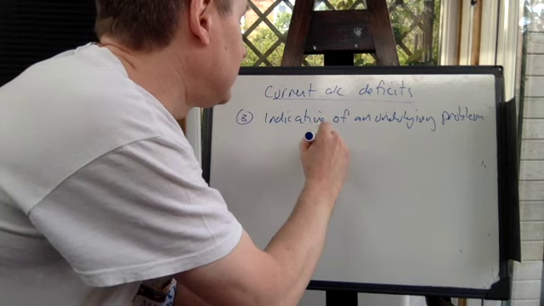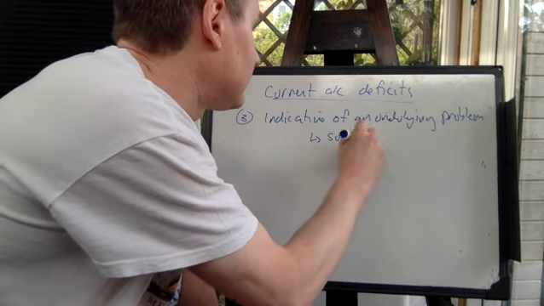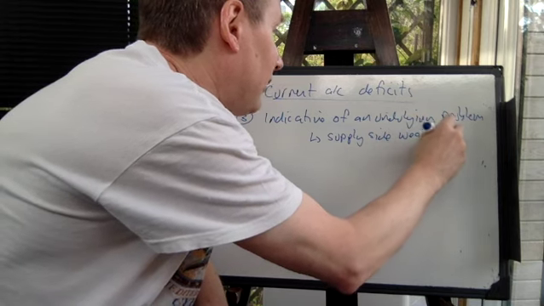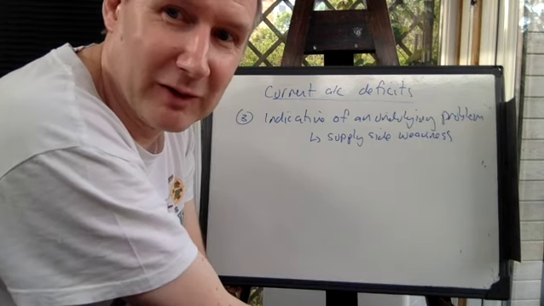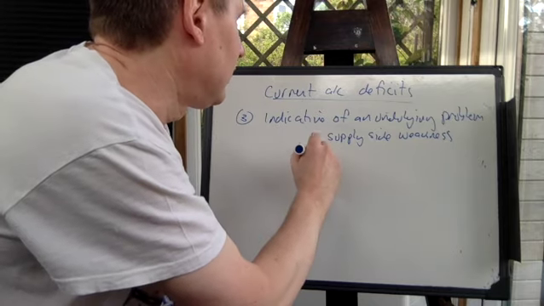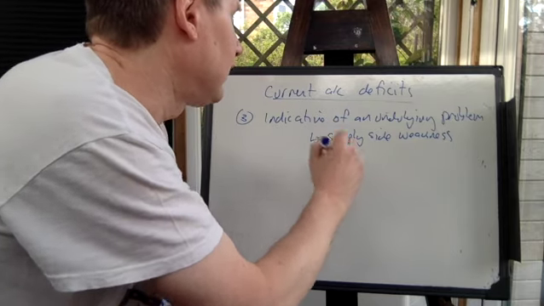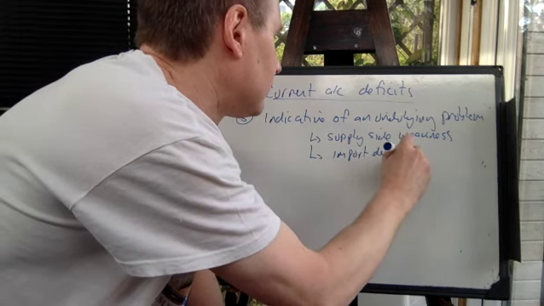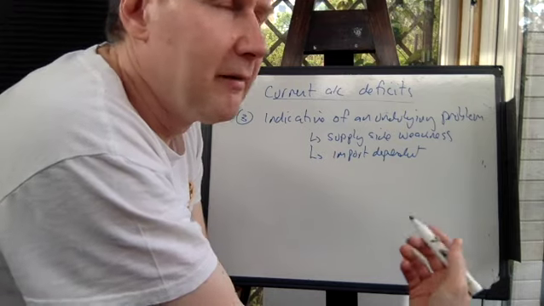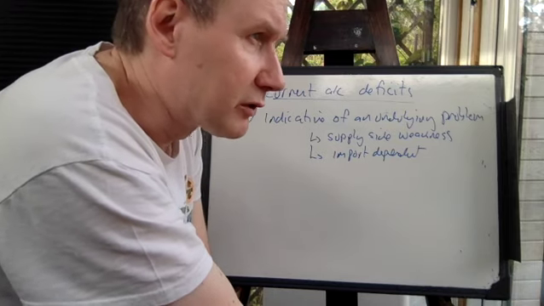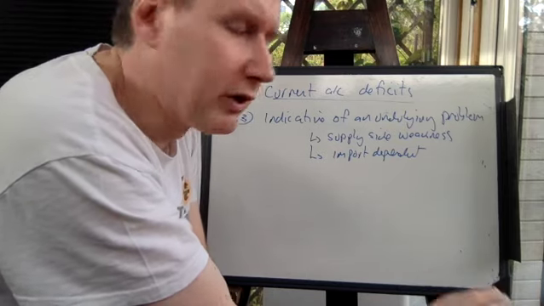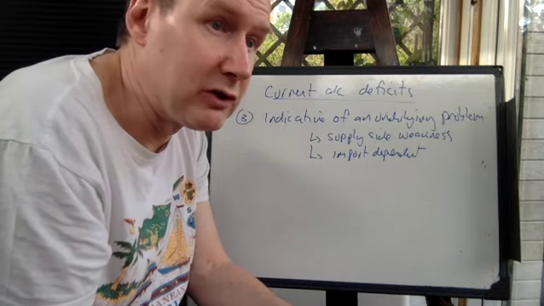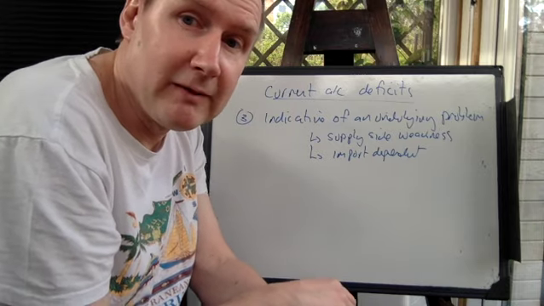So it could be indicative of supply-side weakness. It might be showing you that you need to do something about it. There's also a sense in which you're quite import dependent. A lot of your goods and services, a lot of what you eat and use as raw materials, is coming from abroad, and that makes you vulnerable to changes in the exchange rate and to global geopolitics.